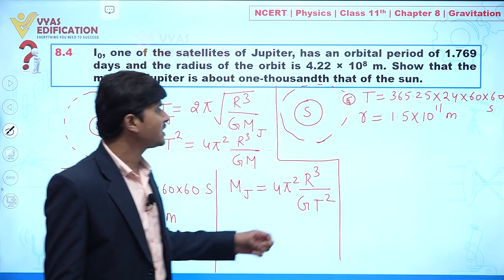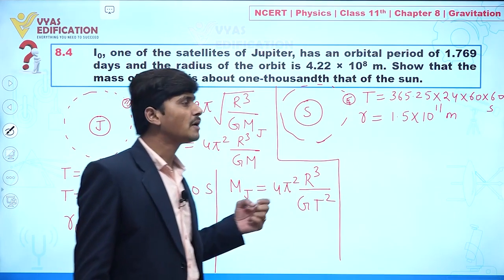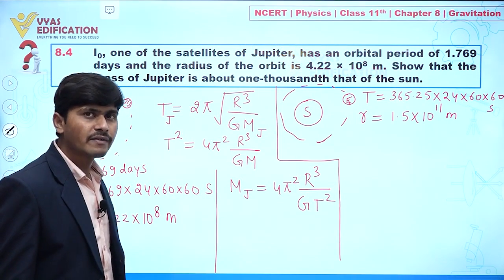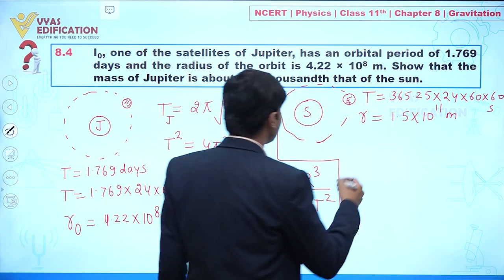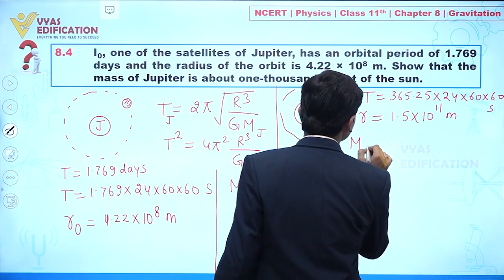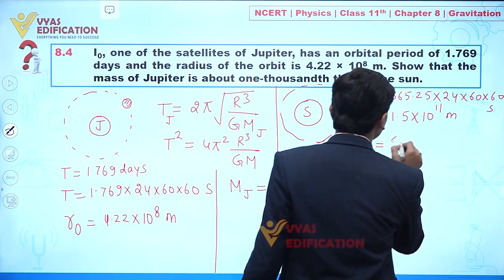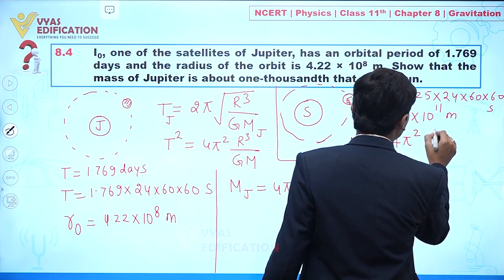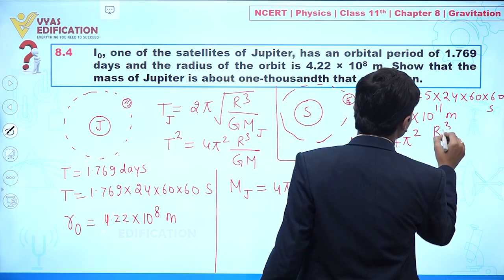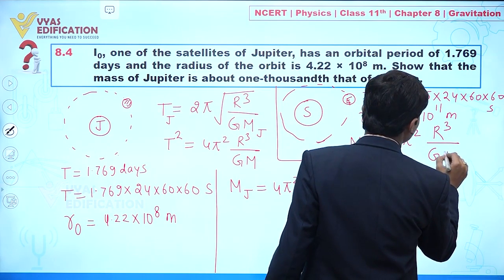So we can calculate the mass of the Sun, which is given by 4 pi square r cube divided by G T square.